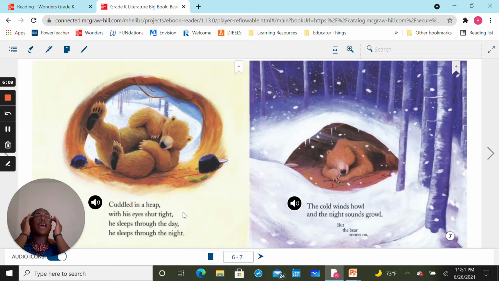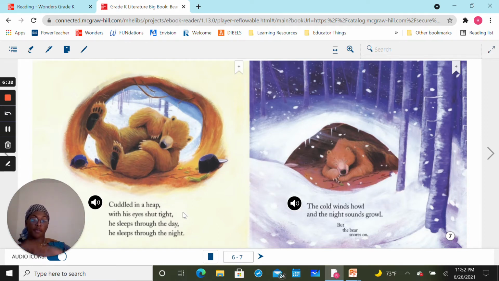And the night sounds growling. Let's close our eyes and try to imagine the night sounds. We can see in our minds and we can hear in our minds that it must be very, very noisy outside of Bear's den.